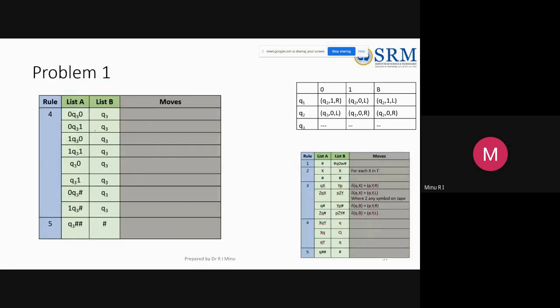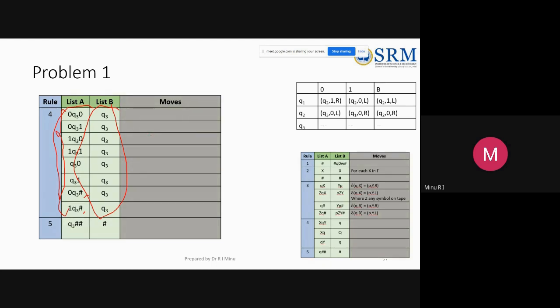So I have written all the combinations, either 0 0 or 0 1 or 1 0 or 1 1 or here only 0 1 or with a blank. So all the combinations I have listed, and if this was my list A, my list B will have only Q3. This is according to my rule 4.